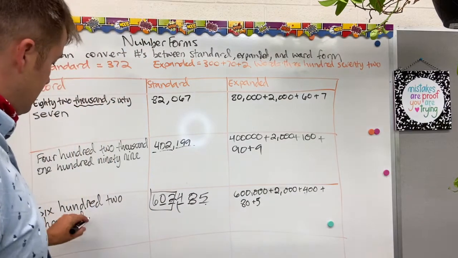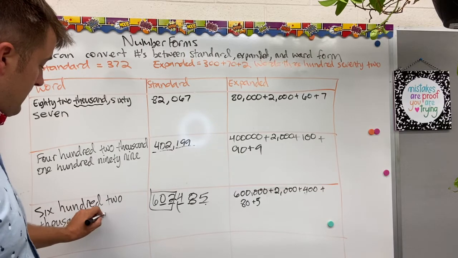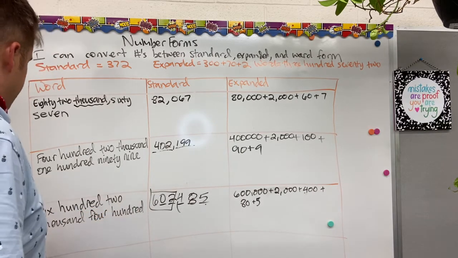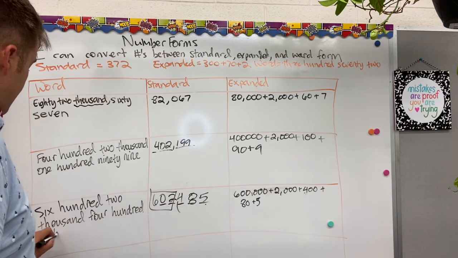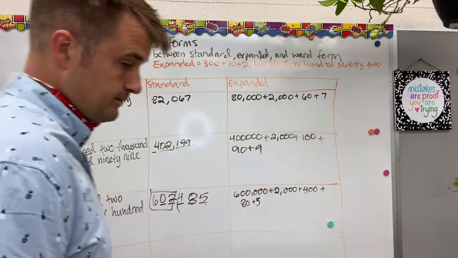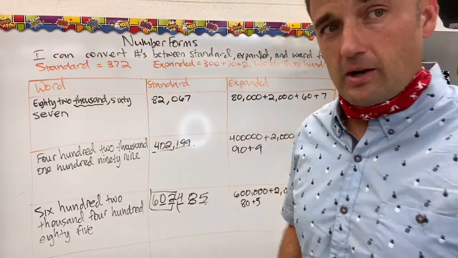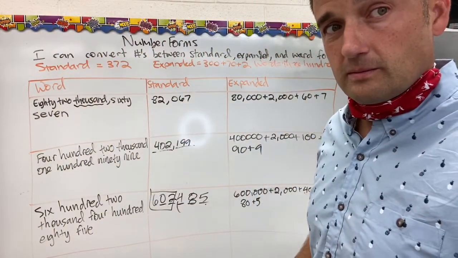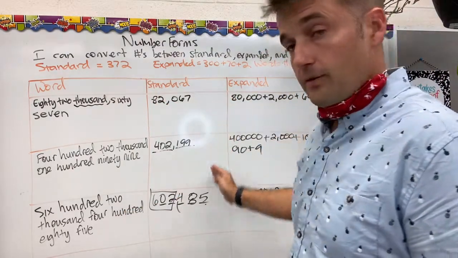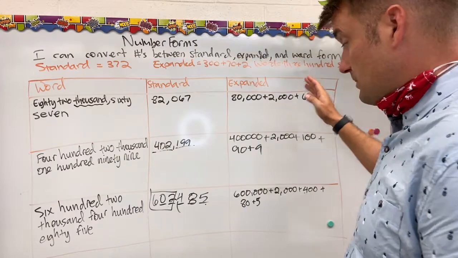And then 485. Okay, so now I have all 3 numbers in all 3 forms: word forms, standard forms, expanded forms.